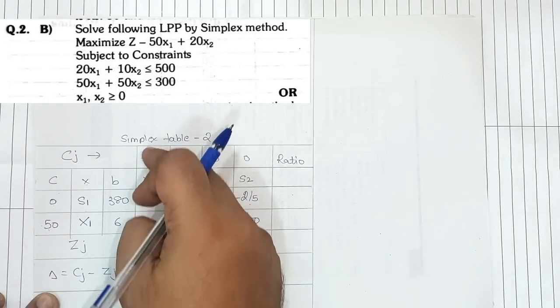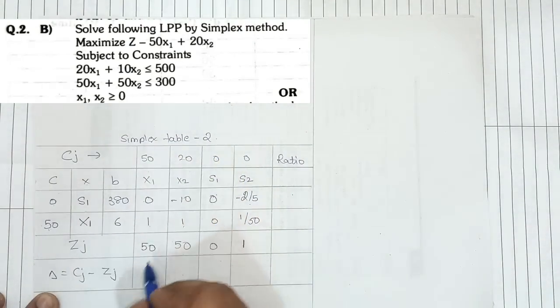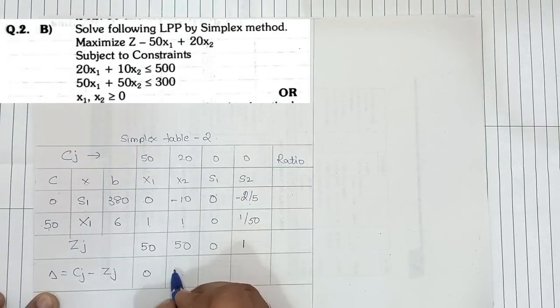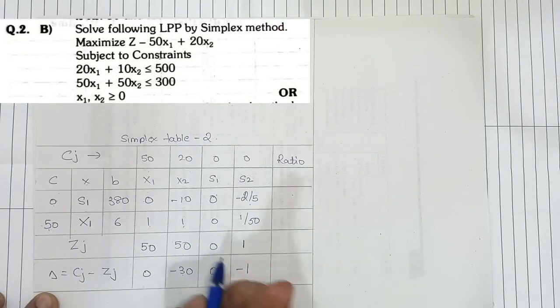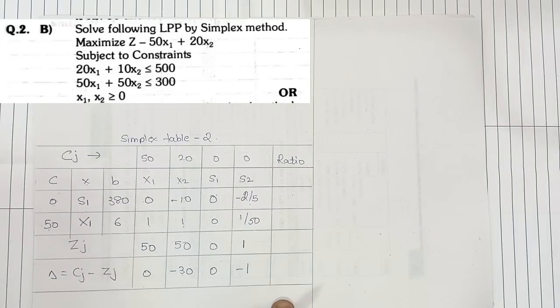Now we need cj minus zj. 50 minus 50 is 0. 20 minus 50 is negative 30. 0 minus 0 is 0. 0 minus 1 is negative 1. Now the rule comes. This is the most important part. For the final answer, you should not have a positive value. If you do not get a positive value, the solution is optimal.